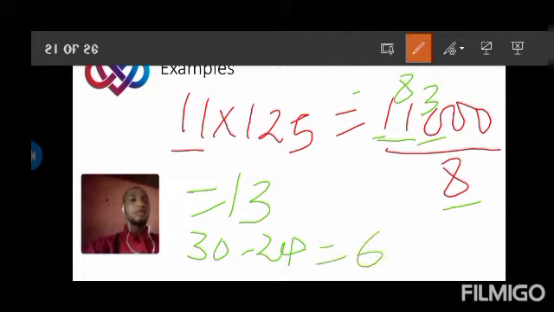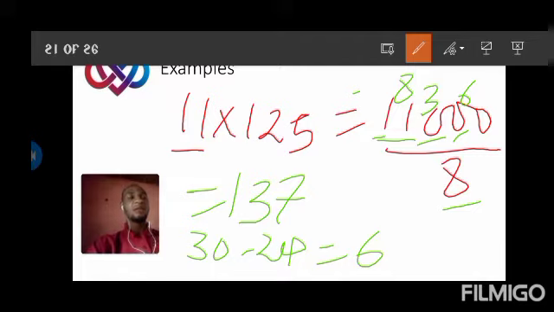Which is 6. So now make it 60. How many times can 8 go in 60? 7 times. 7 times 8 is 56.